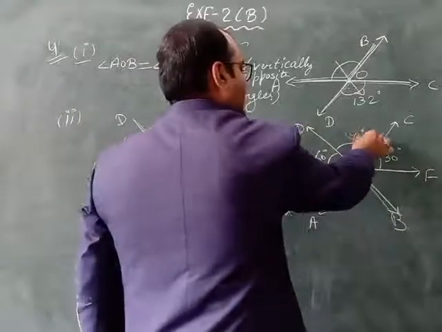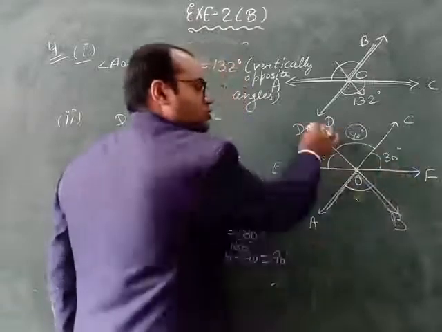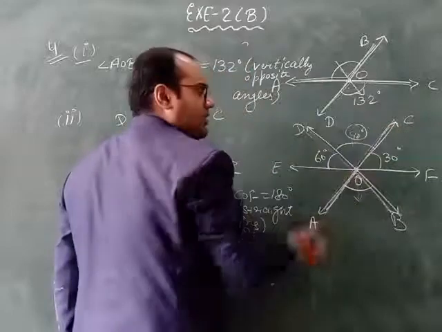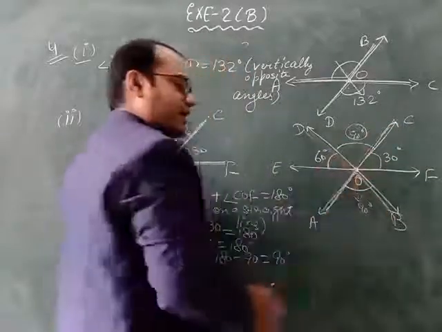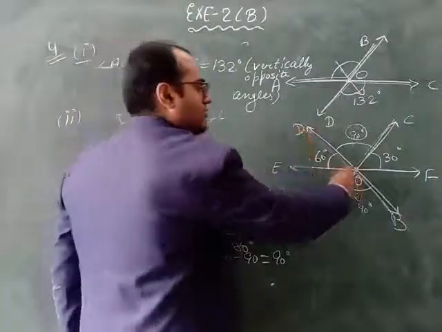This one we found to be 90. So this is the cross. Two straight lines are cutting each other. This is the X-shaped figure. This is 90, so the angle opposite to this will also be 90 degrees. So at last, what do you have to write? At last we have to write the DOC answer.